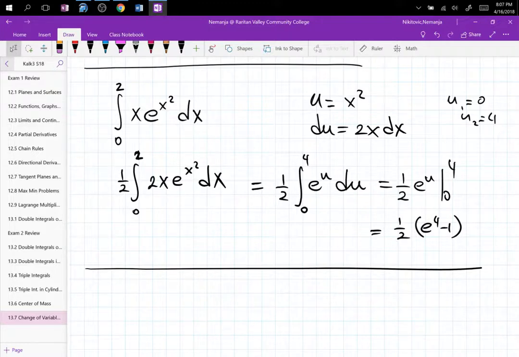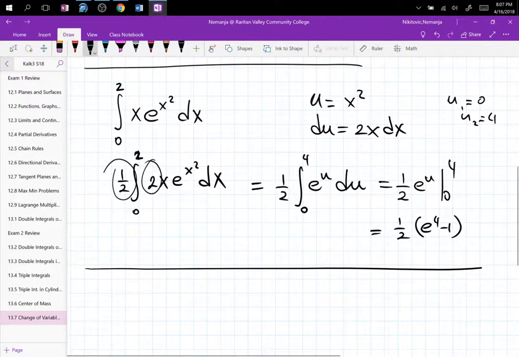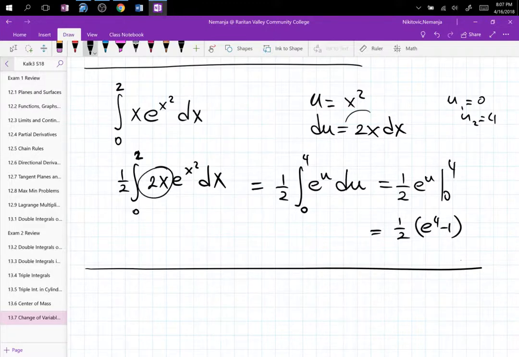You're talking about these two? Yeah, I added those because I need the 2x for the u-sub.